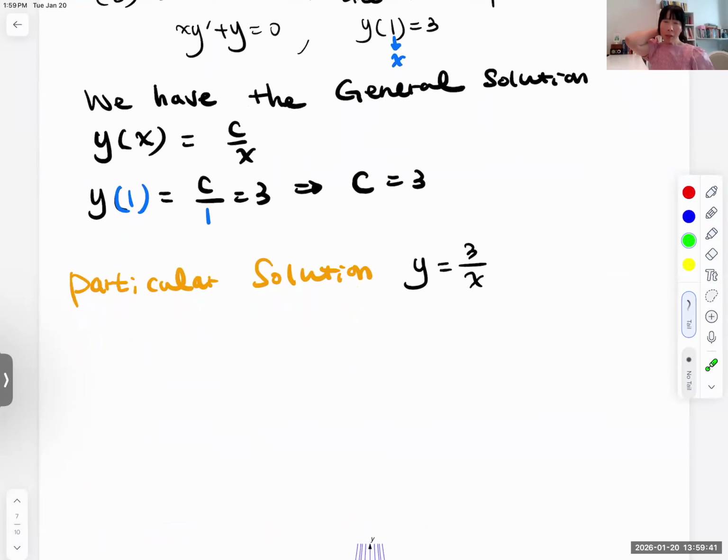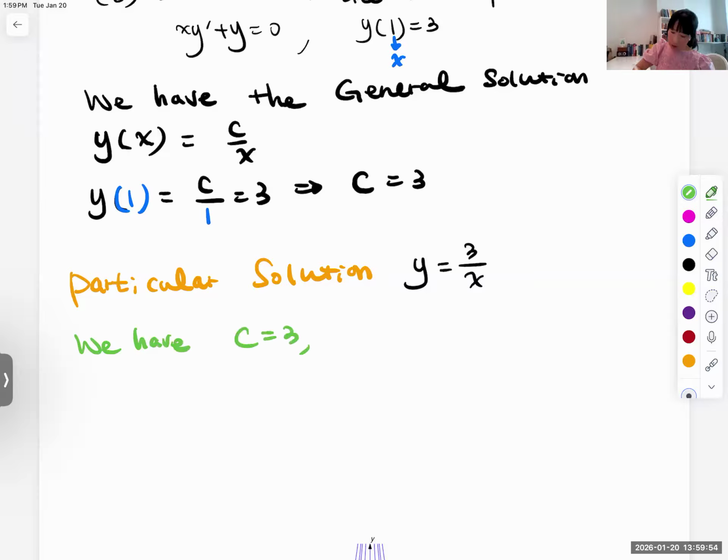This is extra. So we have c equal to 3, and earlier e to the k equal to c, right?